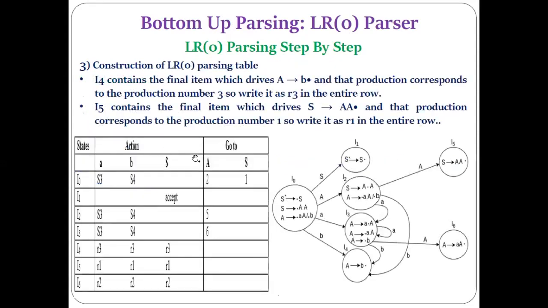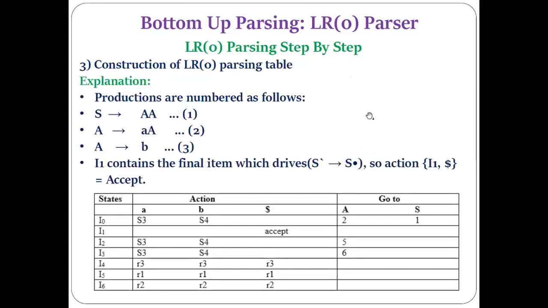Now if you just see the I1 state, the I1 state contains the final item, which is S dash deriving S dot.